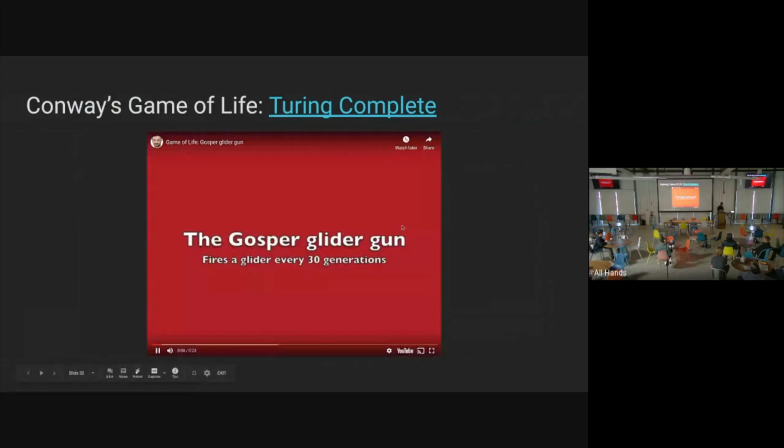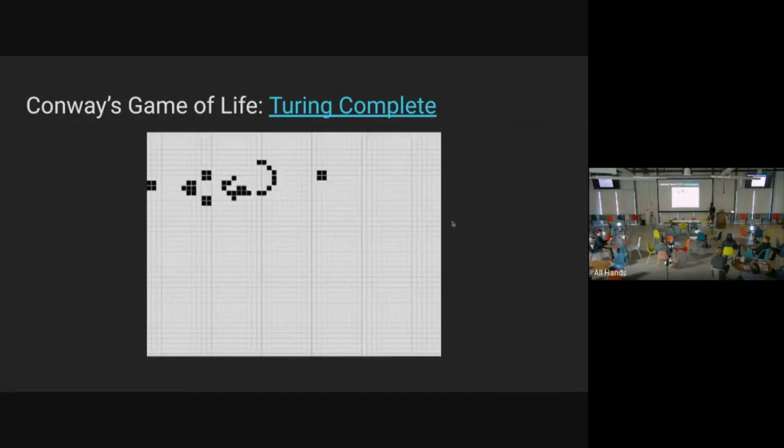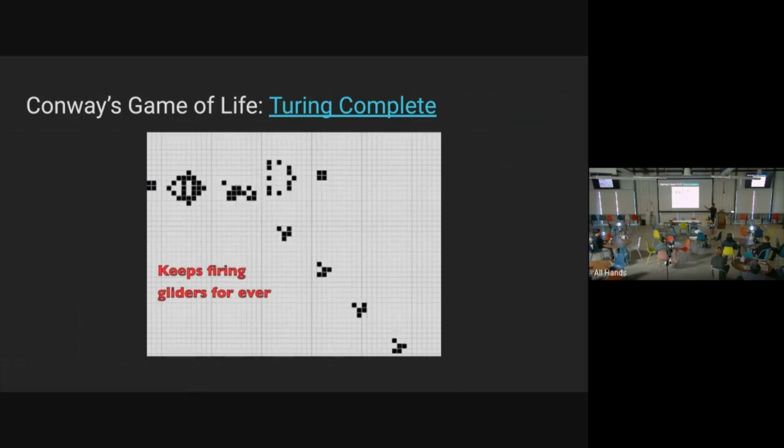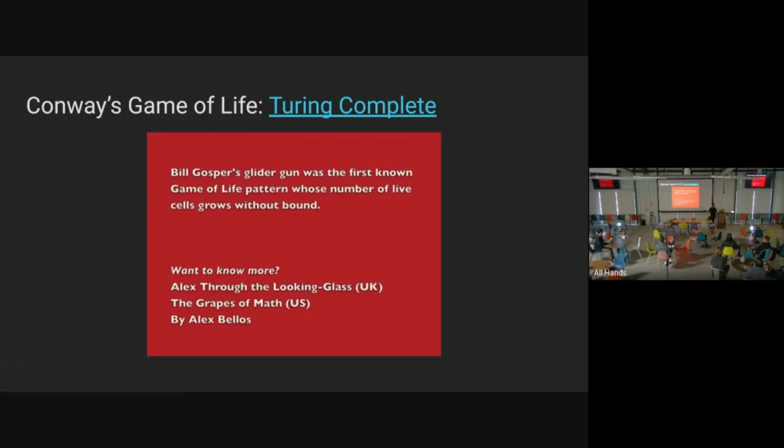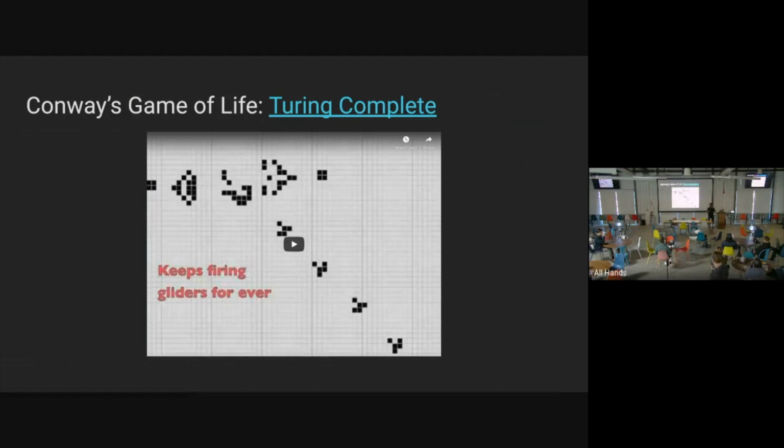Let's see if we can get this to play. I won't get into the rules because they're not really relevant, but every step in this animation is like the universe unfolding according to the rules of Conway's Game of Life. And it turns out that the basic rules are sufficient to represent a Turing machine. And so Conway's Game of Life is Turing complete, and any algorithm that's computable can be represented in it.